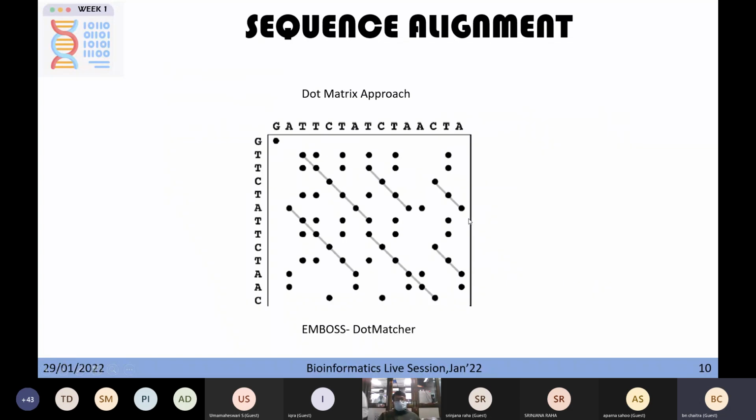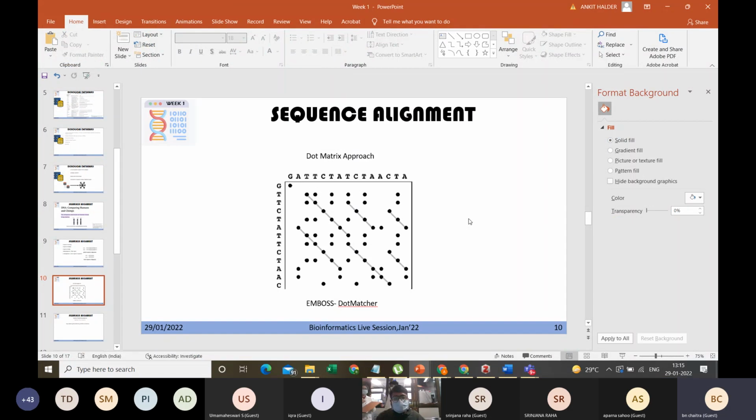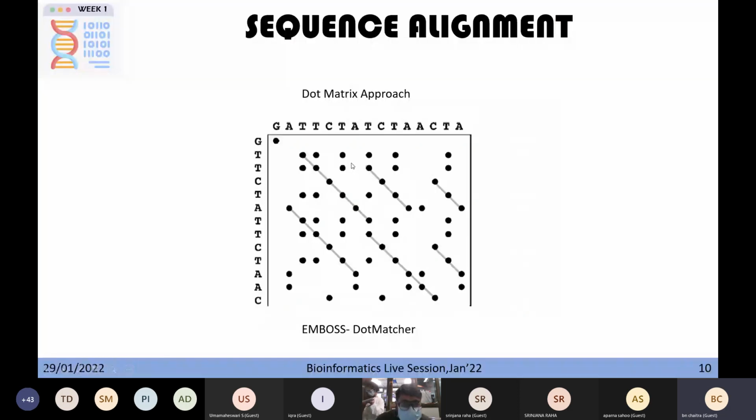Now going on, the first sequence alignment approach was the dot matrix approach. What is the dot matrix approach? Here you write one sequence, and here you write the other sequence. If G matches G, you put a dot. If G to another letter doesn't match, you don't put a dot.